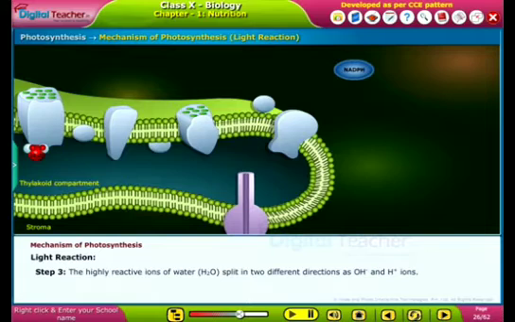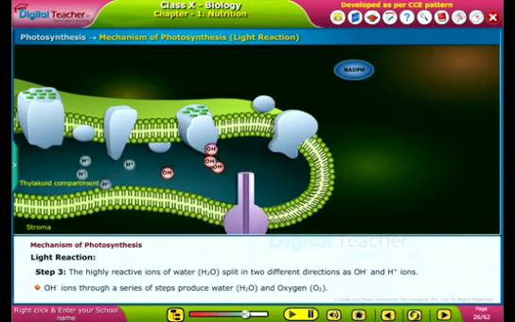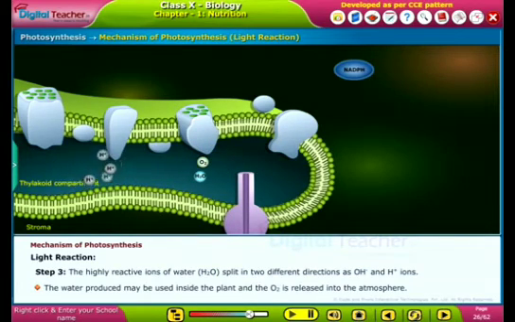Step 3. The highly reactive ions of water split in two different directions as hydroxyl and hydrogen ions. The hydroxyl ions, through a series of steps, produce water and oxygen. The water produced may be used inside the plant, and the gas oxygen is released into the atmosphere.